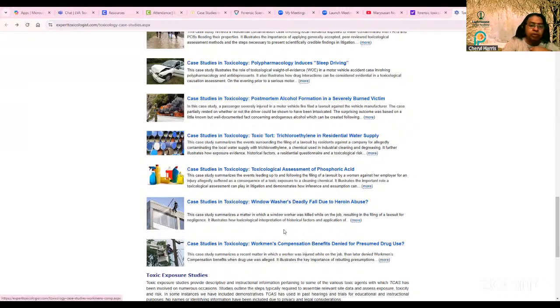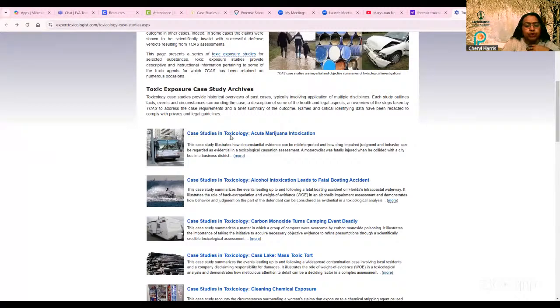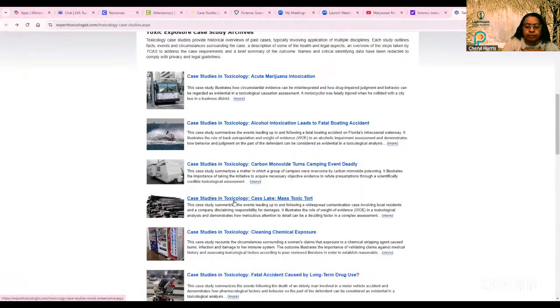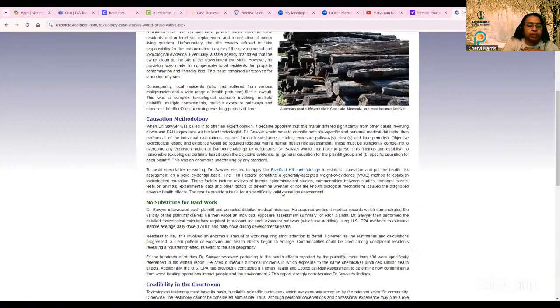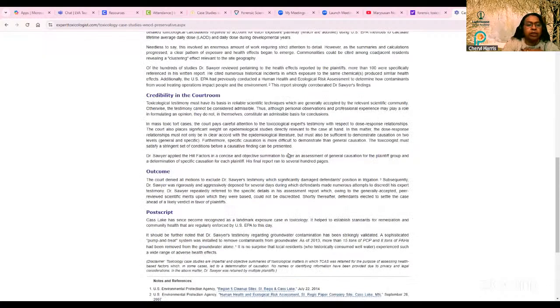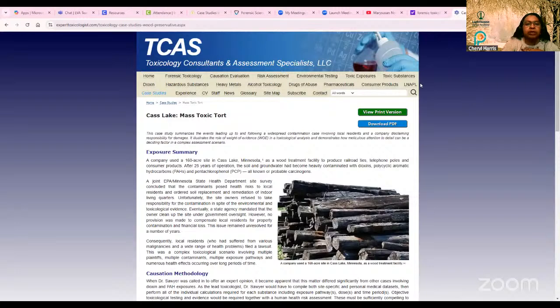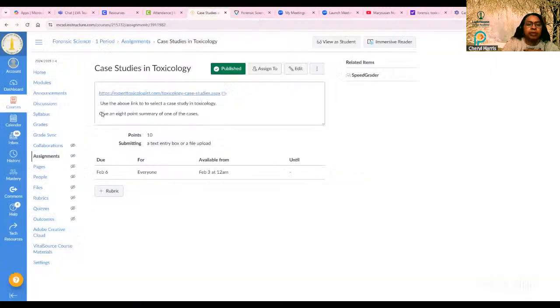Don't everybody pick the first one you bump into, but I want you to select one case study. So let's say I select this one. It'll open up, it'll give you a summary, but then you need to read through the entire article. And the assignment is asking you to summarize what you've read in 8 sentences.